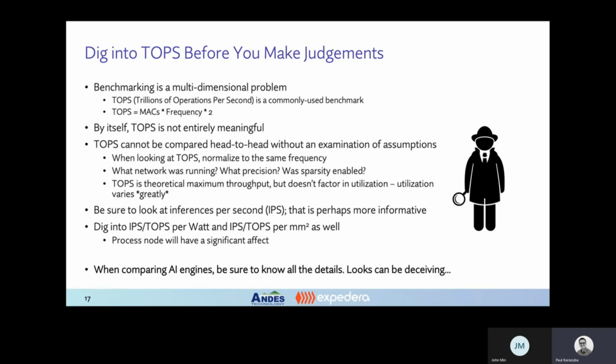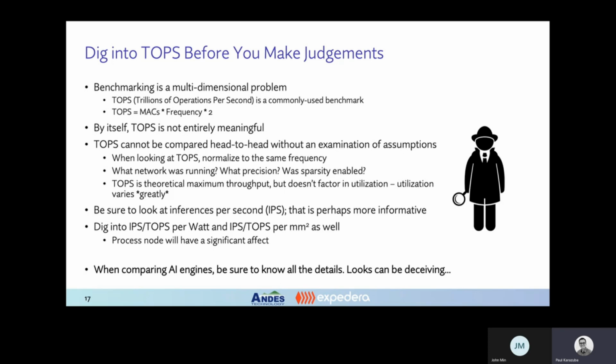But we'll stop right there and say, by itself, just how many TOPS an engine has is not an entirely meaningful number, especially when you're comparing one AI engine to another AI engine. You really need to examine the assumptions and the underlying method used to create that TOPS number.